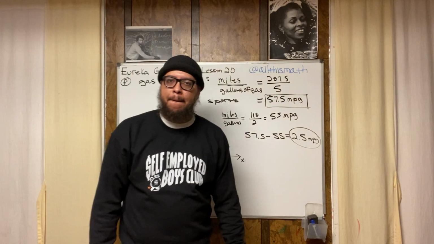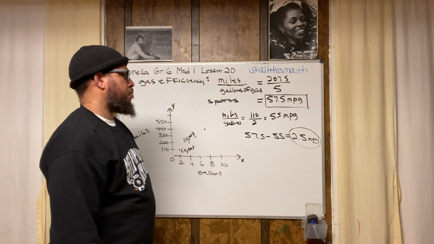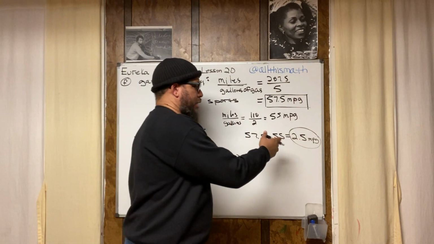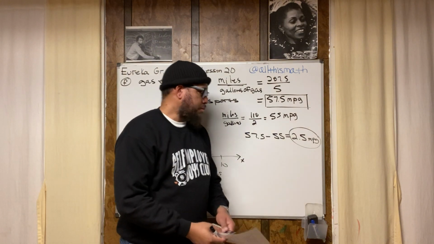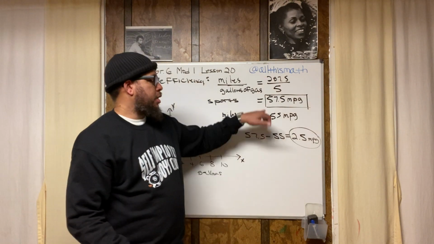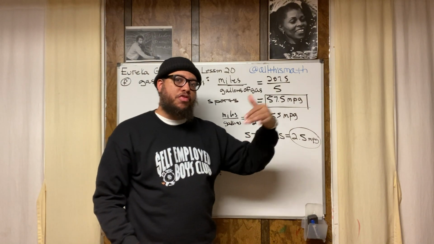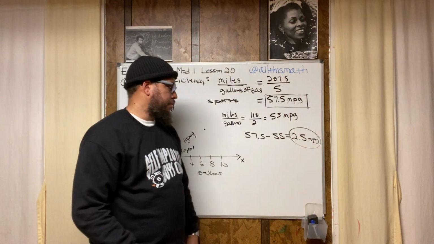Actually, I shouldn't say miles per gallon. We could just say miles, about 2.5 miles. Because off 1 gallon of gas, this sports bike is going to be able to travel 2.5 miles further. That's all that's going on, right?